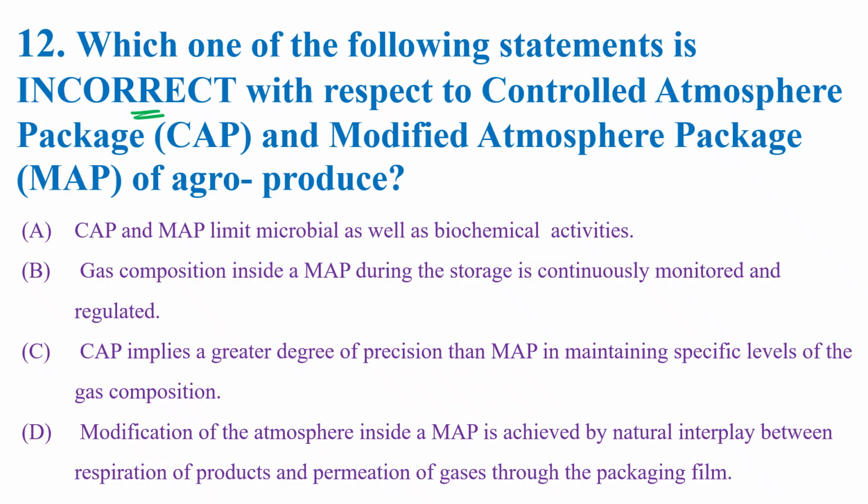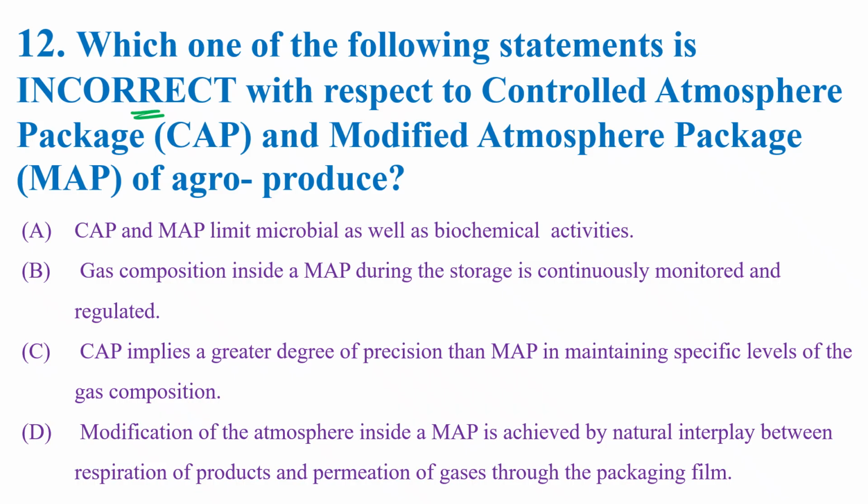So controlled atmospheric packaging and modified atmospheric packaging are used to extend the shelf life of the food product by just altering the gas compositions like oxygen, carbon dioxide, nitrogen. So over here my incorrect statement is option number B, that is gas composition inside a modified atmosphere packaging during the storage is continuously monitored and regulated.